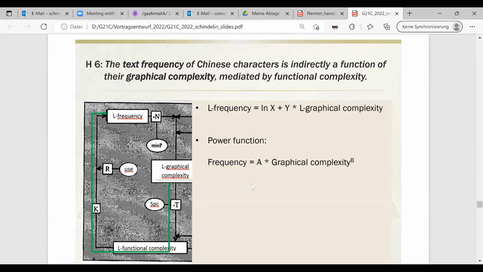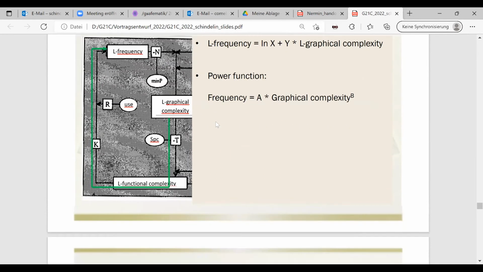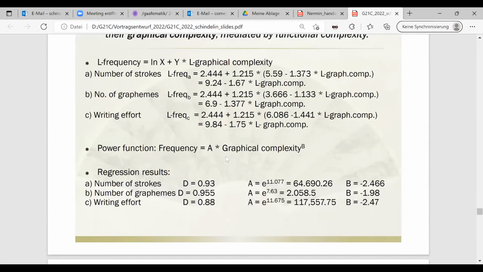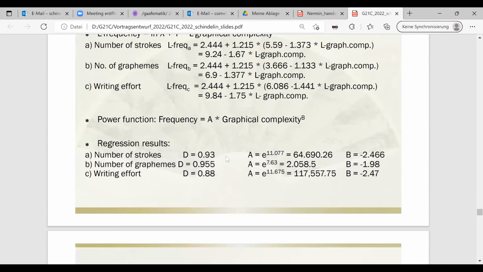The last hypothesis was on text frequency being indirectly dependent on graphical complexity. And we did the same thing. The regression results on the actual data was very good again. So there seems to be something there.